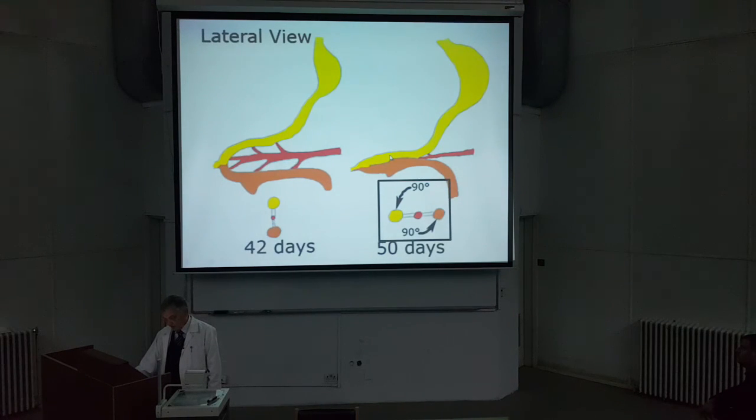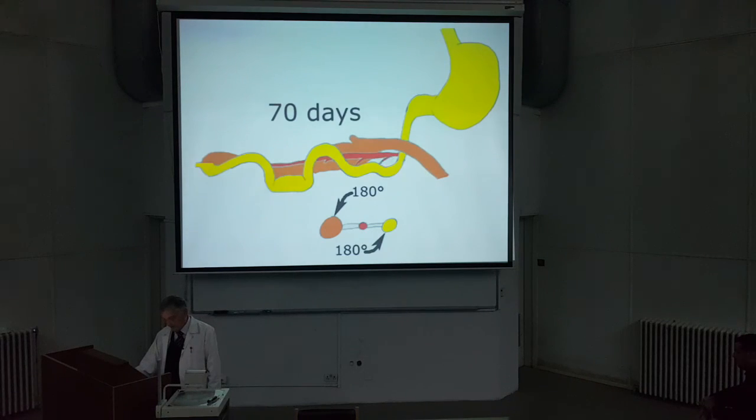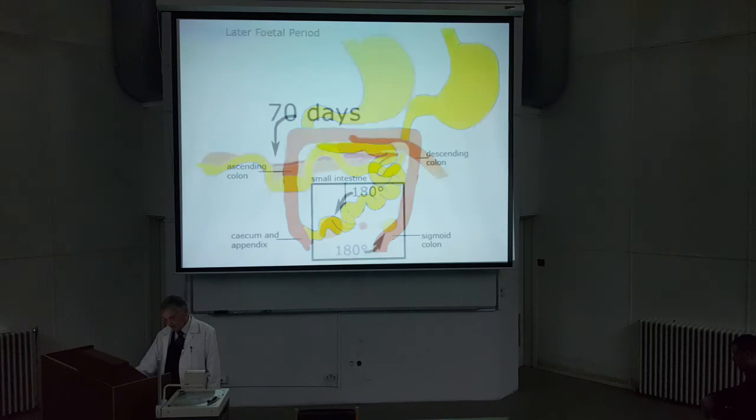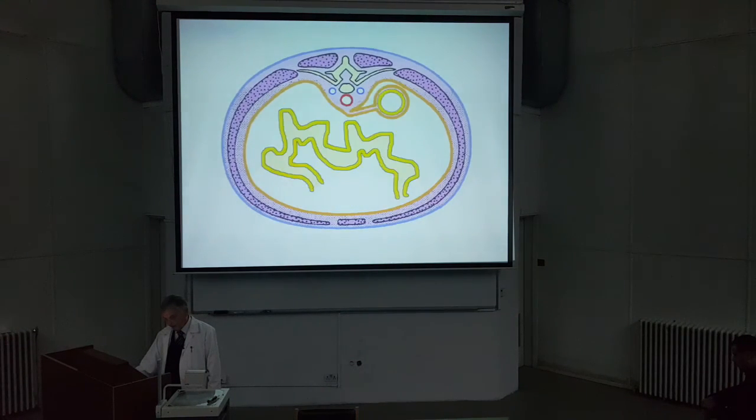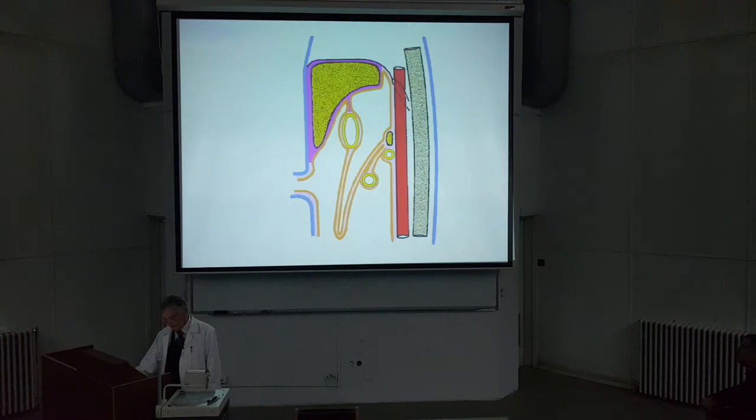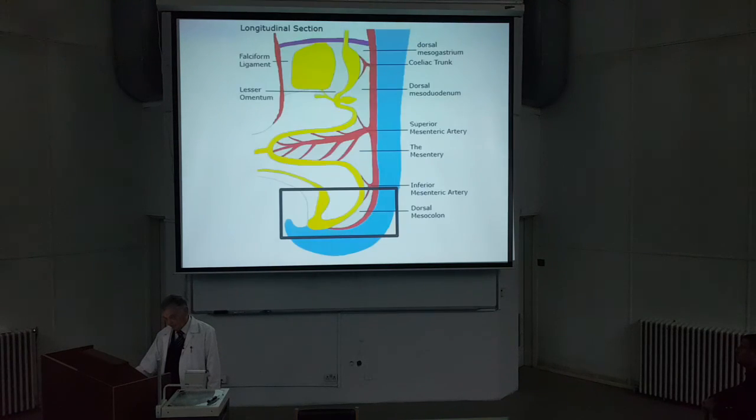These are the rotation. First of all, 90 degrees anti-clockwise, then 180 degrees anti-clockwise, and the cecum is coming down, and there's rearrangement of the small intestine. This is something we have seen just in the film.